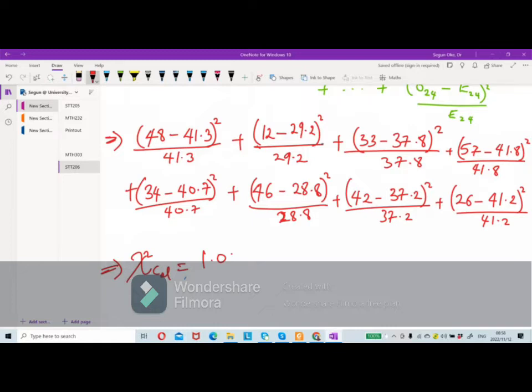What do you get? 1.08, what? 86. Okay, let's make it 4 digits after the decimal place. Do you have the same thing?